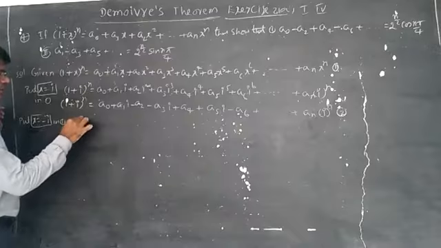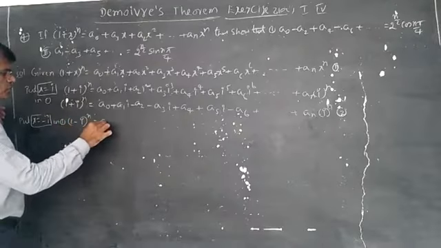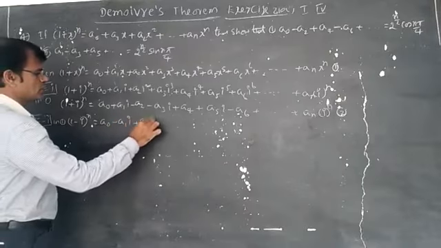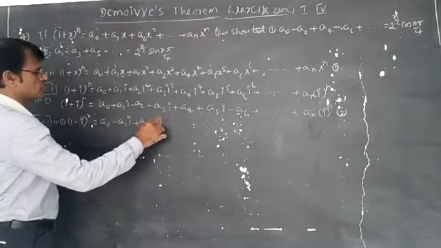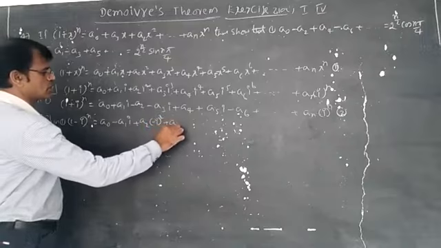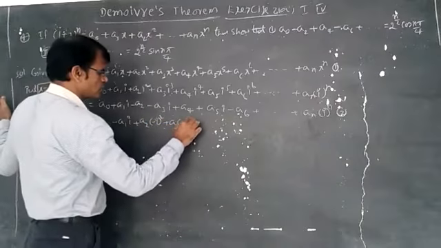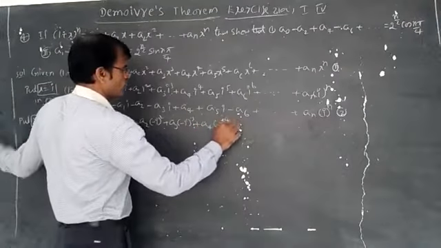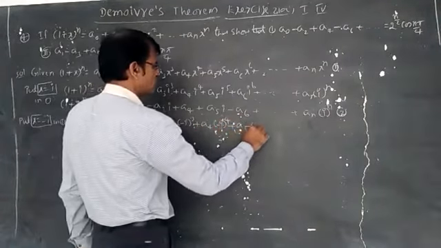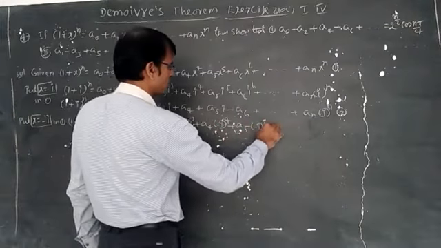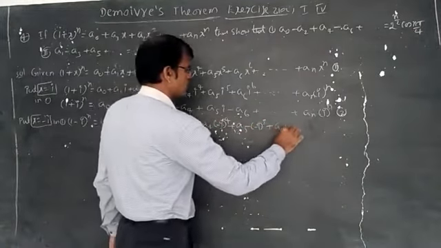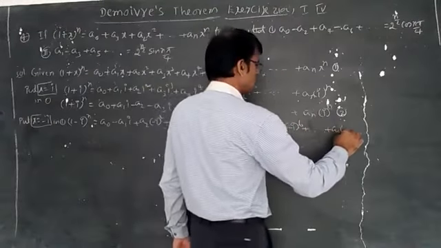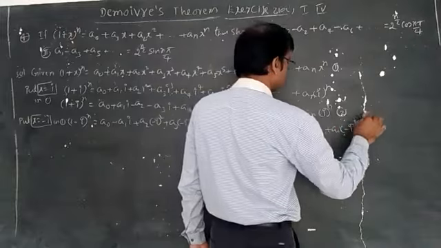So (1 minus i) whole power n is equal to a0 minus a1 i plus a2 into (minus i) whole squared plus a3 into (minus i) whole cubed plus a4 into (minus i) whole power 4 plus a5 into (minus i) whole power 5 plus a6 into (minus i) whole power 6 plus so on, plus an into (minus i) whole power n.